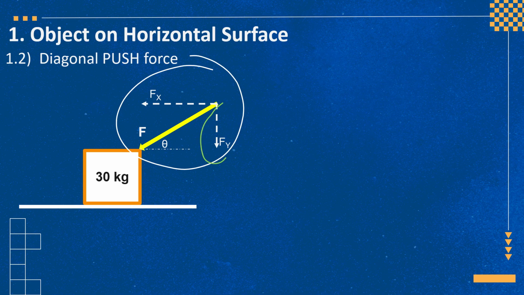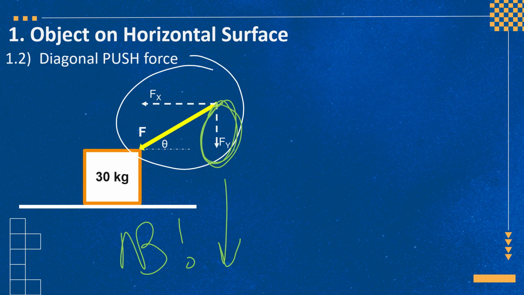On your screen, you will see Fy pushing down, and you must immediately think that this is important, because if there's a downward component on this box, then the surface must work harder to prevent that object from sinking into the surface. So my normal force will now increase because there's this extra pushing down effect of your diagonal force.